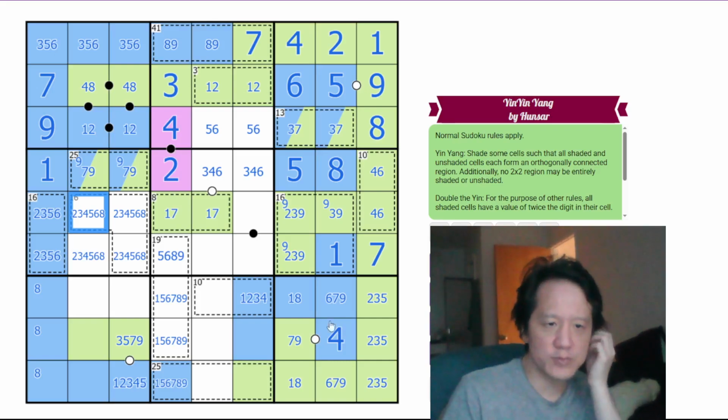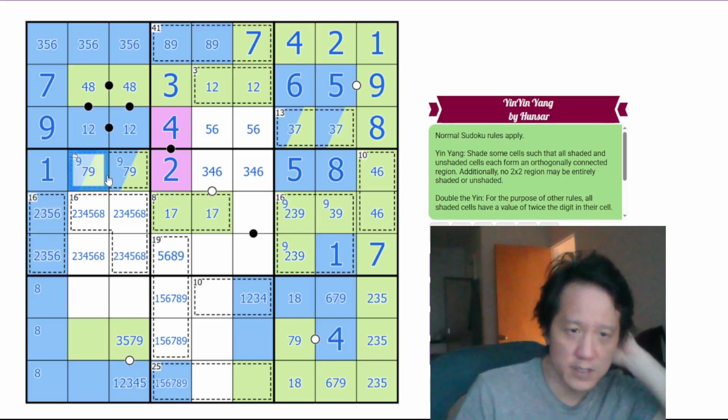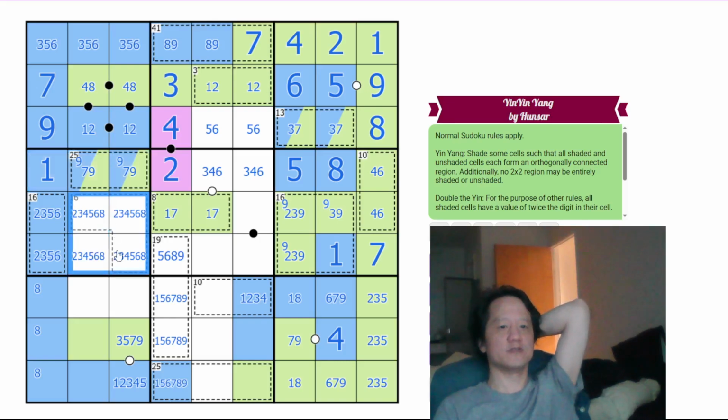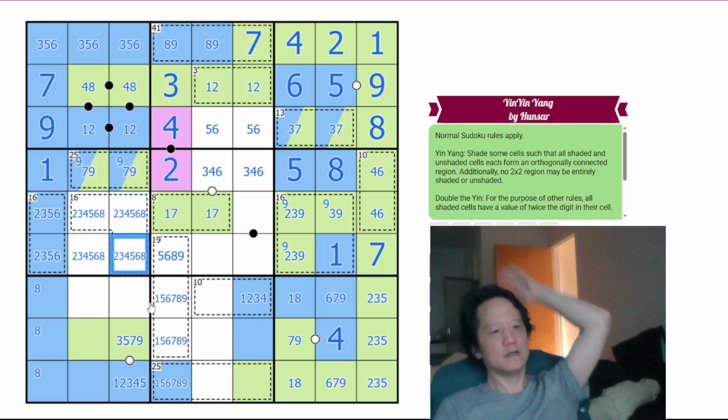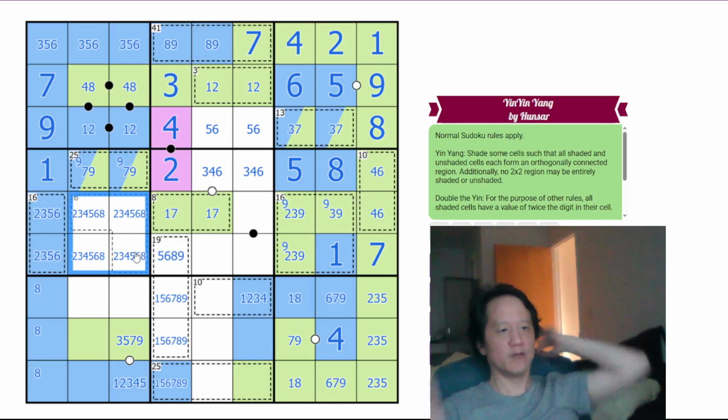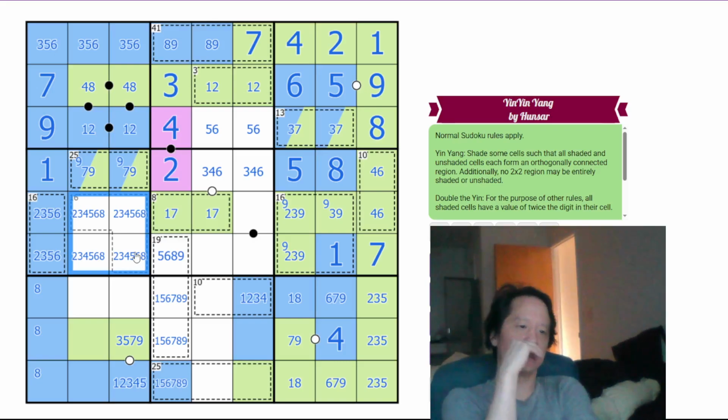So this adds up to 8. This adds up to 17. 8 plus 17, the rest of the digits add up to 20. Right, so this is 8, this is 17. That adds up to 25. So these 4 digits, without doubling, add up to 20.